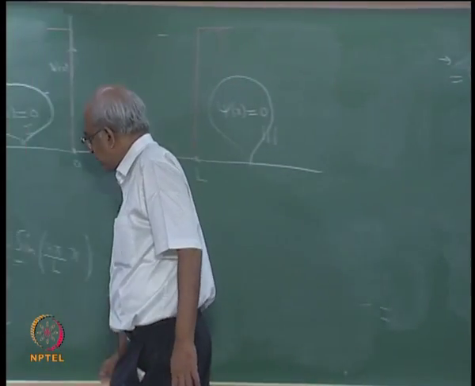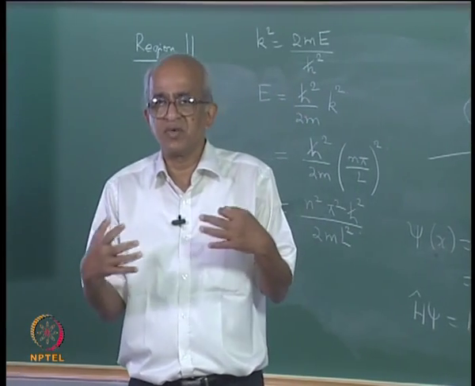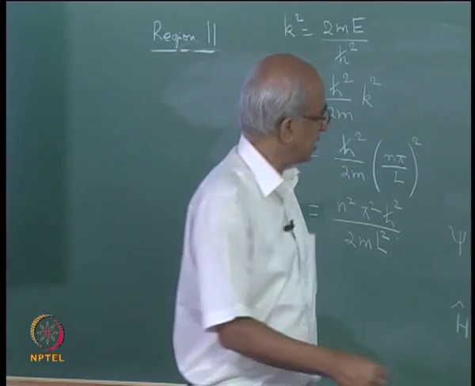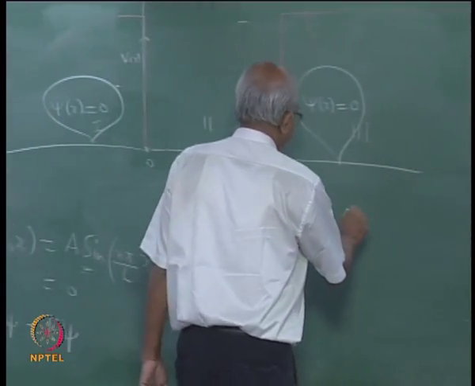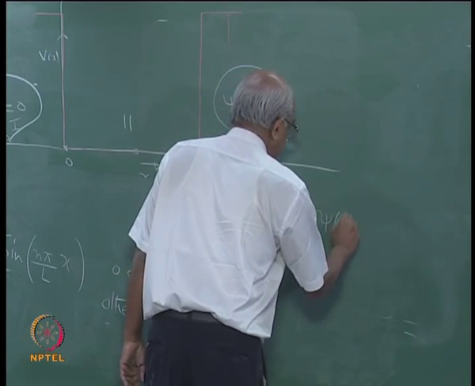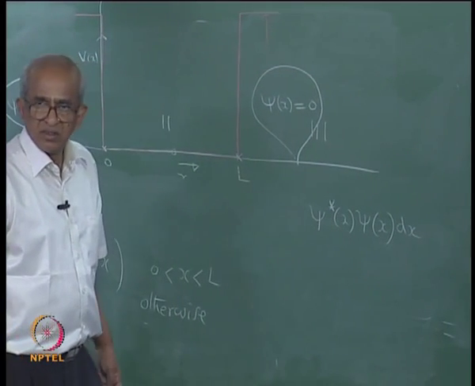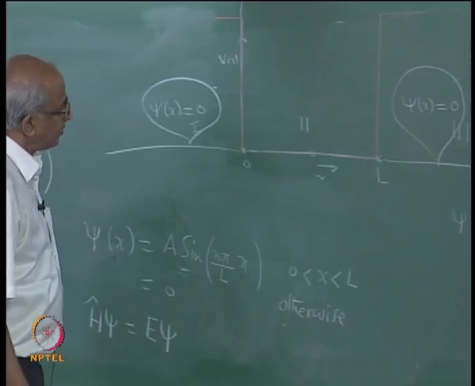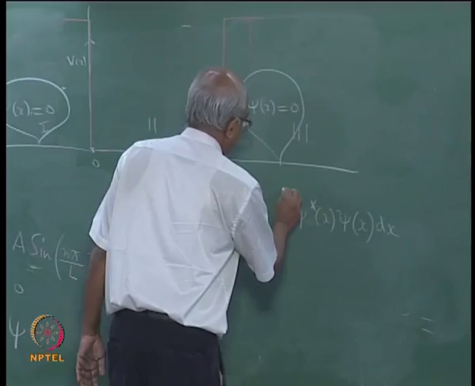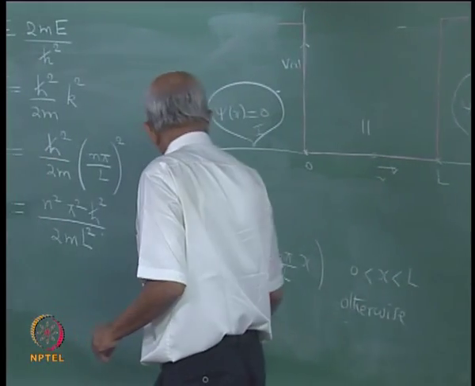I told you whenever we have a constant in front of the wave function, how do we determine that? The answer is that we will use what is referred to as the normalization condition, which implies that psi star psi dx integrated from minus, well, maybe I should be a little bit careful here.